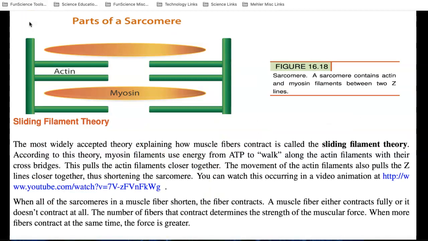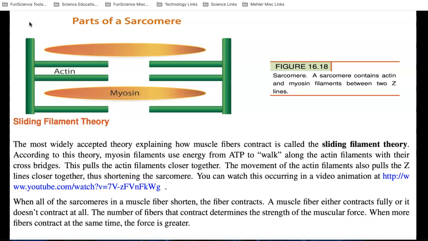It might seem a little weird, but we don't know every little step of how muscles work. We know they contract, and the ongoing theory of how they contract is called the sliding filament theory. Notice that the first sentence says the most widely accepted theory explaining how muscle fibers contract is called just that, the sliding filament theory.